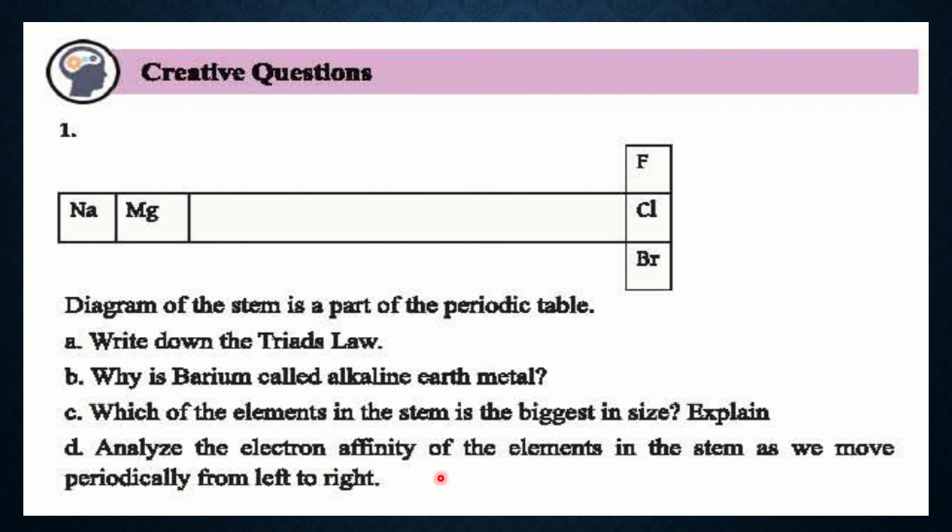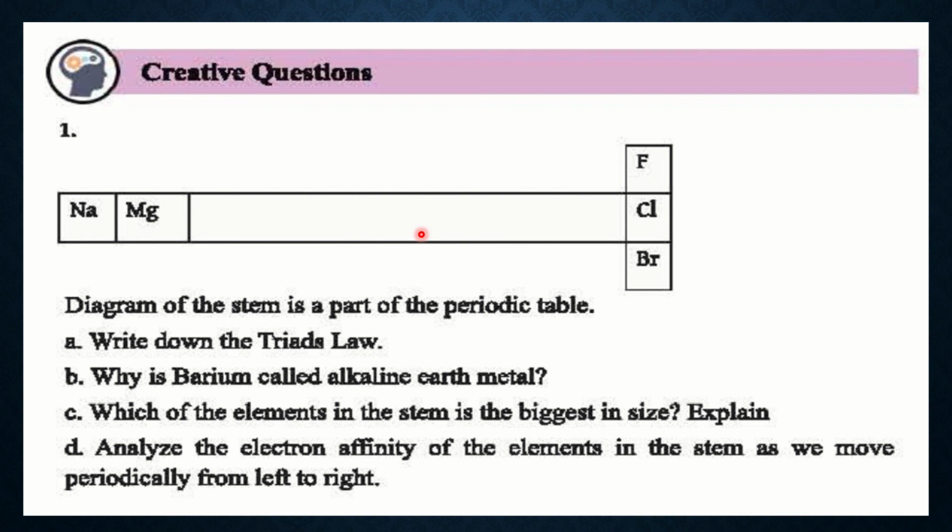Analyze the electron affinity of the elements in the stem as we move periodically from left to right. That means you have to analyze the electron affinity of these elements from left to right, from sodium, magnesium to chlorine. We know from left to right electron affinity gradually increases, because from left to right atomic radius gradually decreases, and the attraction between nucleus and incoming electron gradually increases.